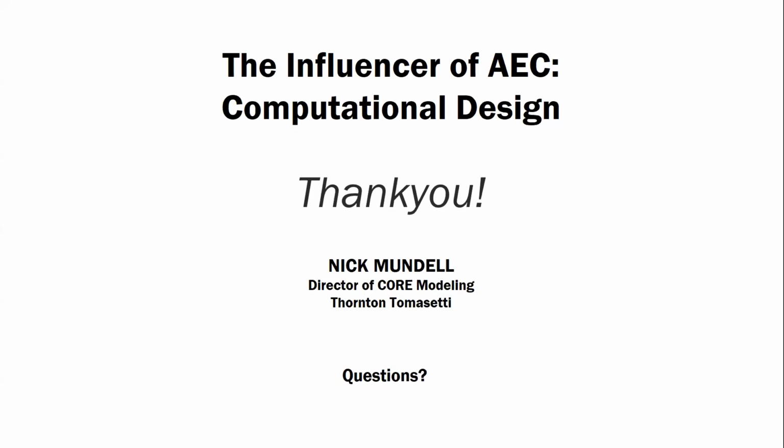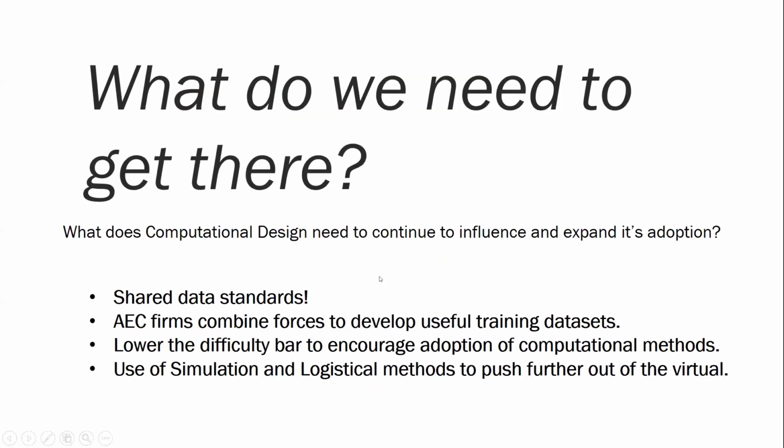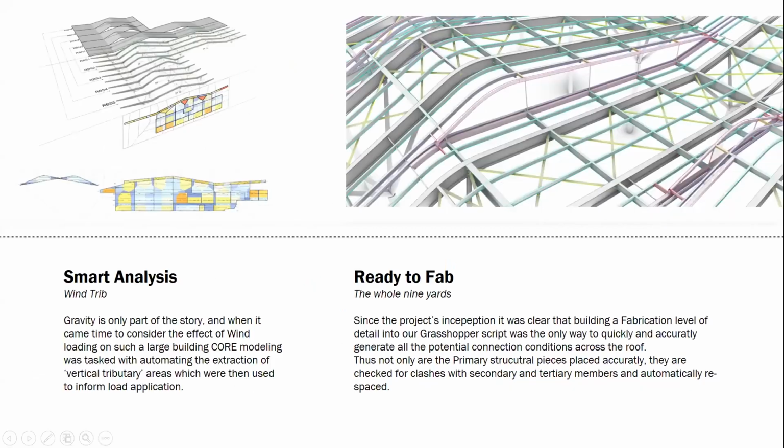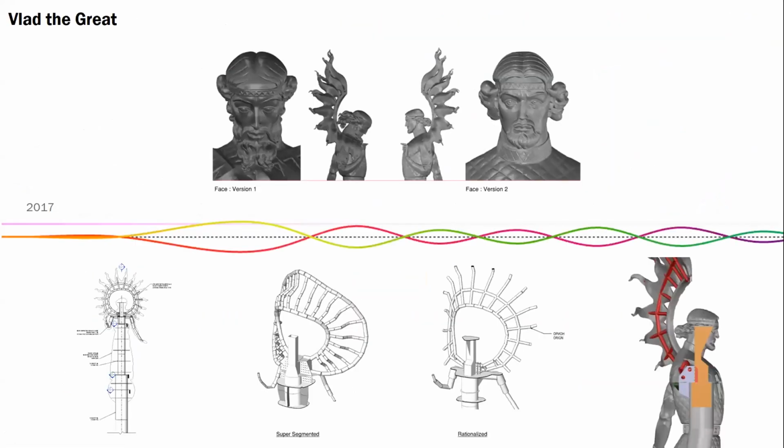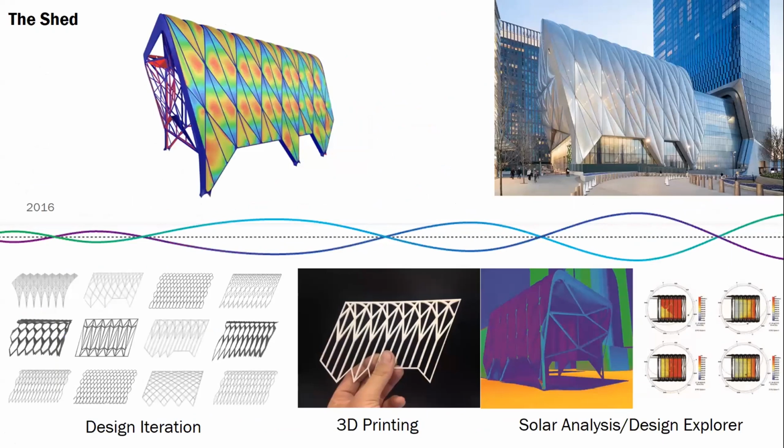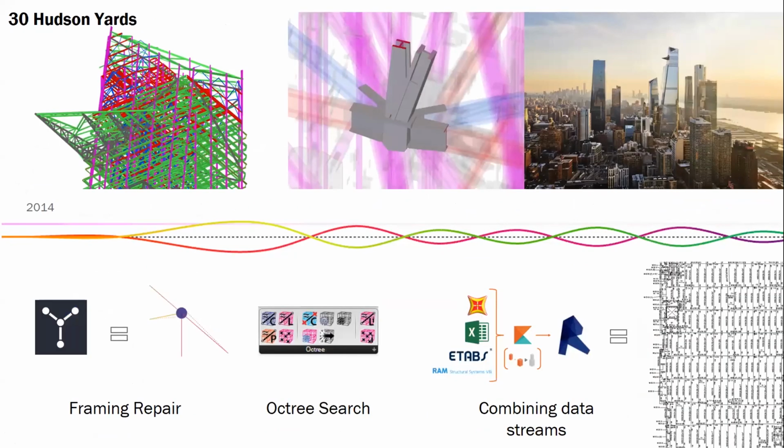But I think the real eureka moment in terms of efficiency in a structural firm was the Hudson Yards project. Prior to the integration of ACM into the workflow, this would have all been done manually. For the drawing you see on the right, for a tower this size, you can imagine how many data points that is.